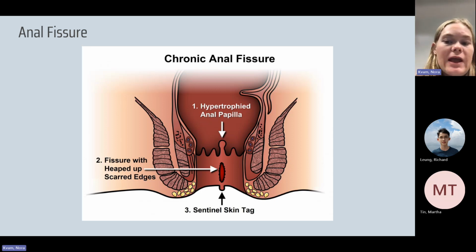They contribute to the pain and irritation during defecation. They can also cause itching, and a sensation of a foreign body being present in the anus. So if you want to treat an anal fissure, you have to treat more than just the fissure itself. You want to remove that papilla, and you want to remove the skin tag. That's the best treatment option.